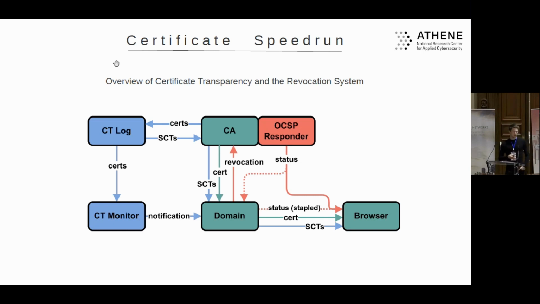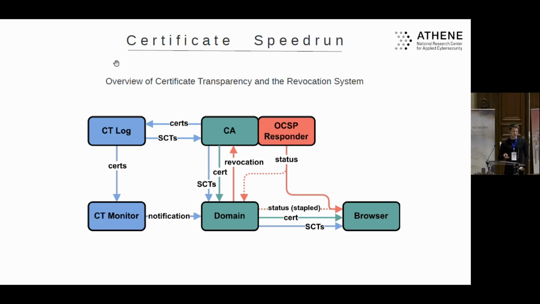And we noticed that no one had done a study yet of how effective this actually is, like how performant this system is. So our first step was to measure this blue circuit: how long does it take between the issuance of a certificate and the notification, like when can I find out that a certificate was issued?